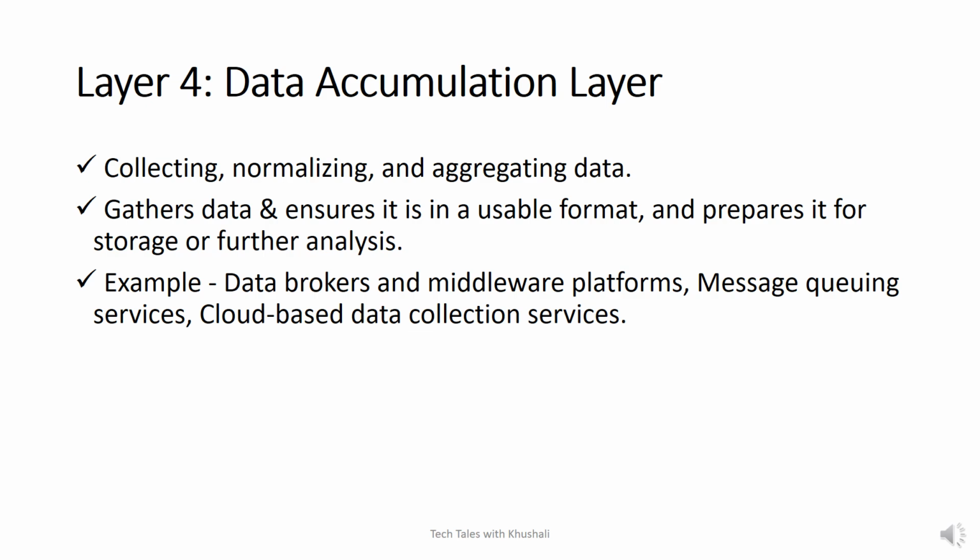Examples include data brokers and middleware platforms that aggregate data from sensors and edge devices, message queuing services like MQTT brokers and data streams over Kafka, and cloud-based data collection services like AWS IoT Core or Microsoft Azure IoT Hub.